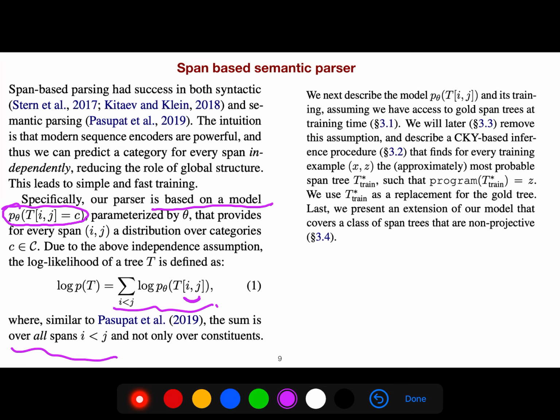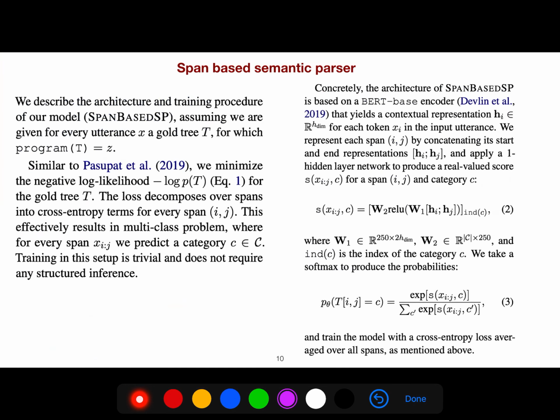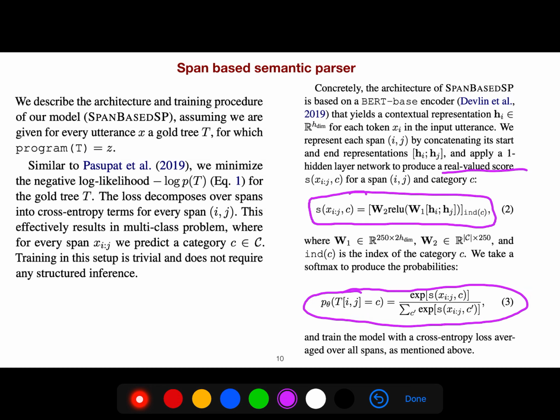Now we want to model this p theta. Like the standard way, we define a real-valued score for every span having category C. What is the score for the span I and J to have category C?